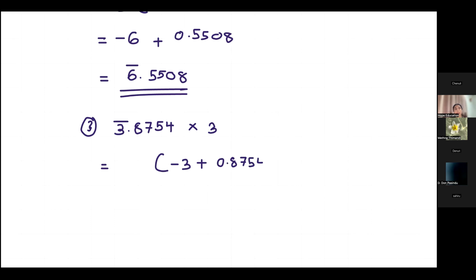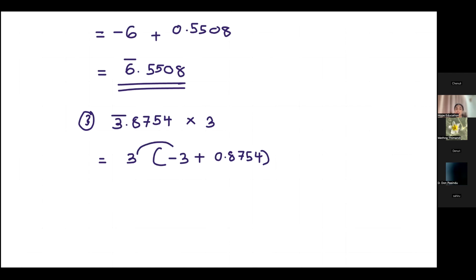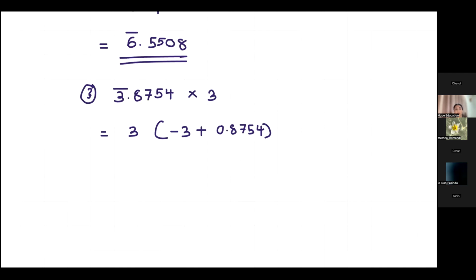This has to be multiplied by 3, no? I put 3 at the front. That means 3 has to be multiplied by -3, and 3 has to be multiplied by 0.8754, both, right? Okay. 3 multiplied by -3 is, 3 times 3 is 9, plus times minus is minus. 3 multiplied by 0.8754.